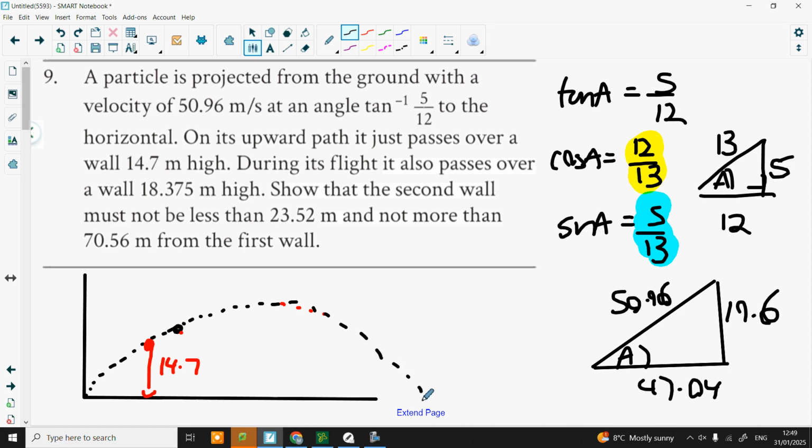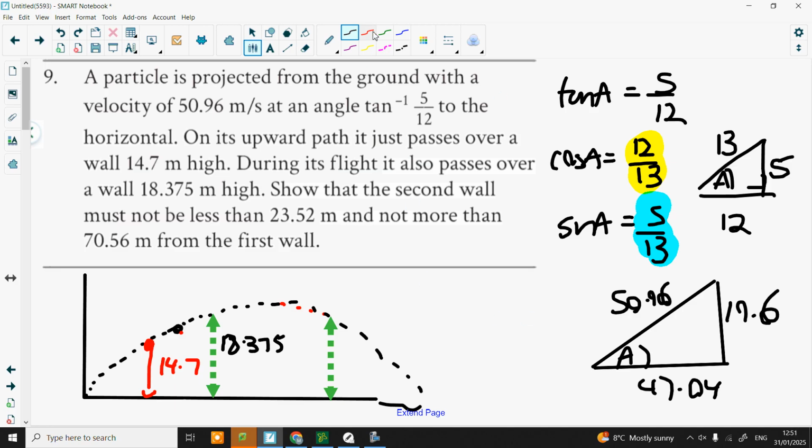So I have a bit of choice where I want to put this wall. This wall could be located here, or vice versa, I could slide it in such a manner that it's on the way down. Either way, every time it's what? 18.375 both times.